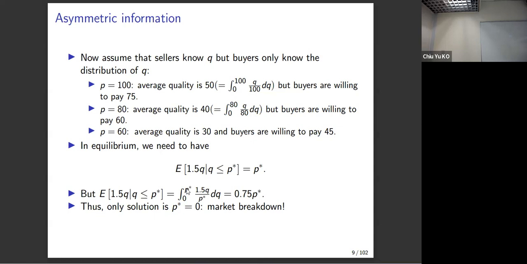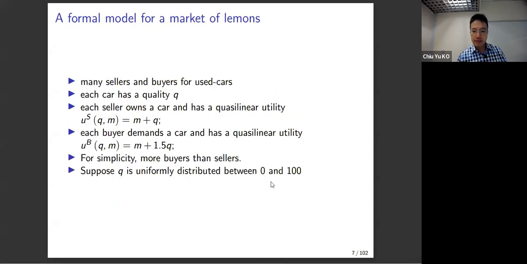The left-hand side is 75 P star, so the left-hand side is always less than the right-hand side. So the only possible solution is P equals 0. And of course, in general there can be multiple equilibria. If people think something else, then there will be. So let's see, when we change it to something not so extreme, there can be an equilibrium.